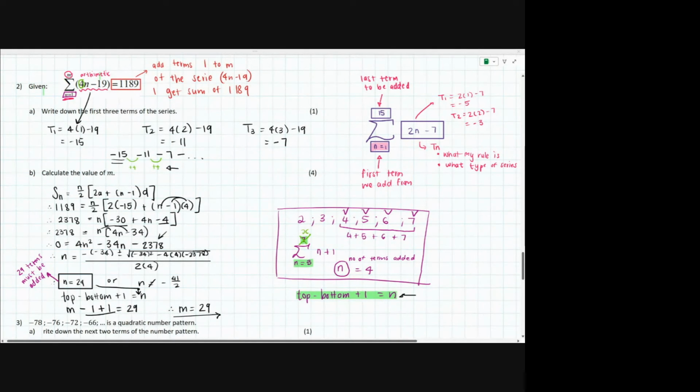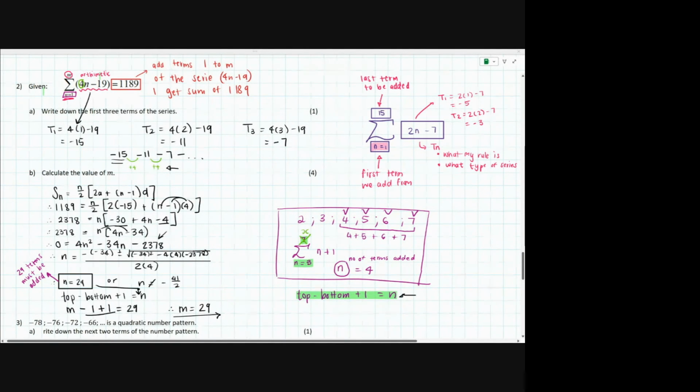Ma'am, so basically, if it was a question whereby we had to calculate m, like here, okay, maybe let's say the n is not equal to 3. This is also when we would use the top minus bottom plus 1 to get the m value.